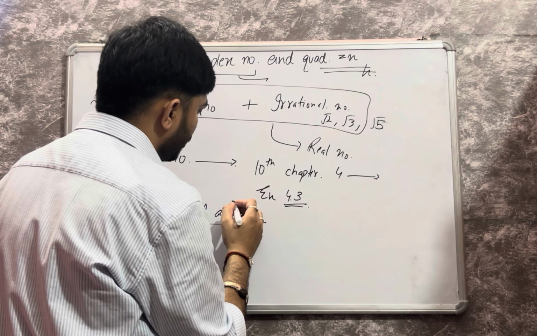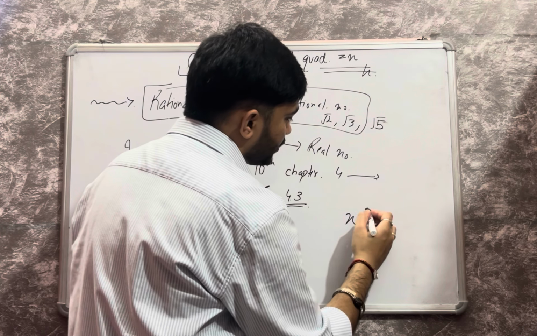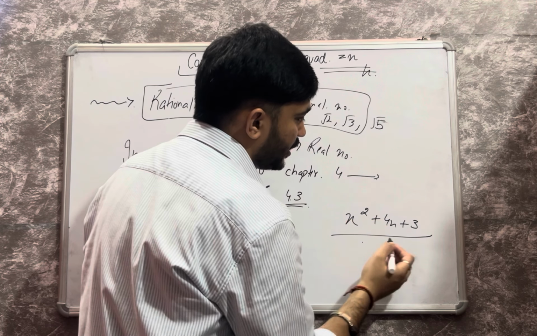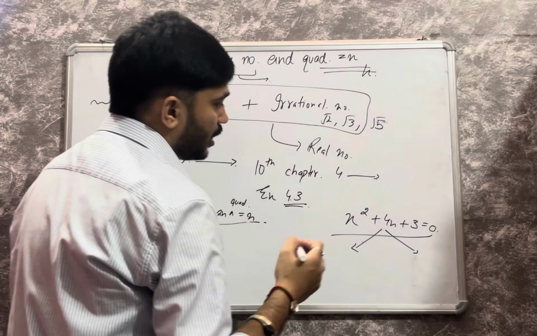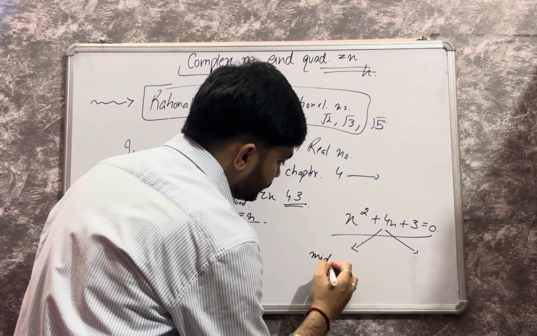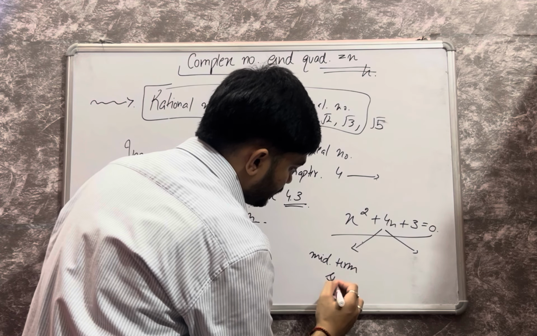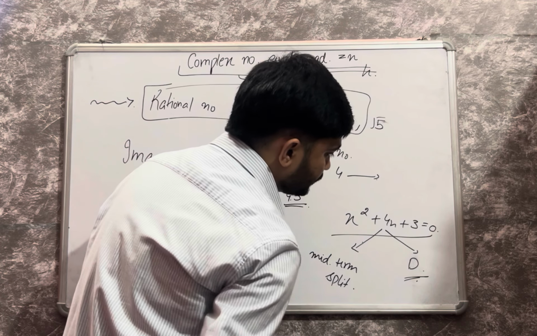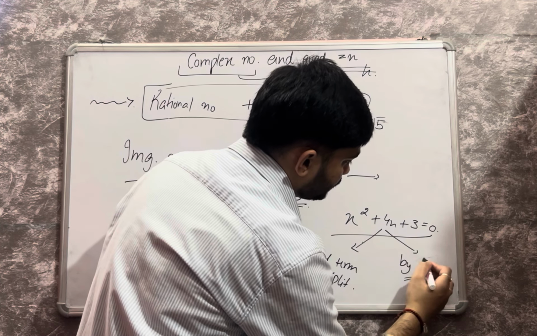Here we are talking about quadratic equation. A quadratic equation is one which includes x square in it. So there are two ways to find the answer of this equation. The first is middle term split, and the second is quadratic formula, or let's say by formula.